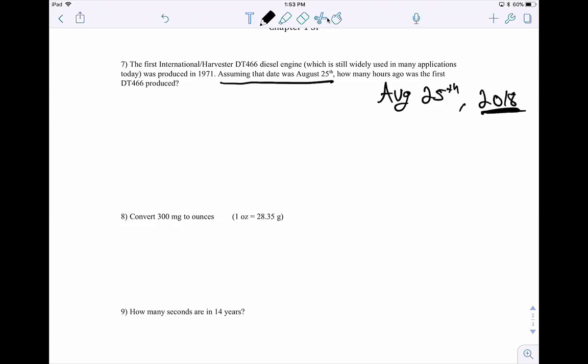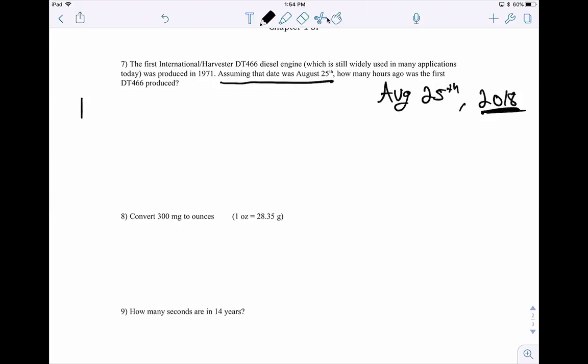Let's set up the dimensional analysis problem using the same cancellation table as I did in the previous problem. So again, the hardest thing for a lot of students is, how do I know where to start? You always start with what you're given. And the only thing that you're given is the date. Right? So you need to start with what you're given.